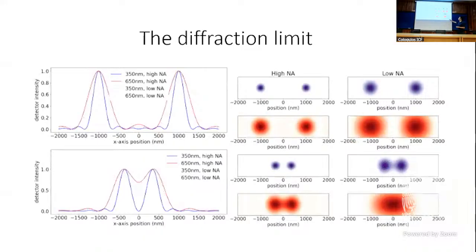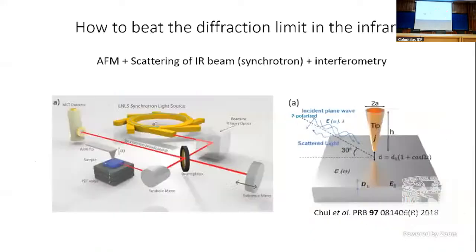If you have two apertures and there is infrared light emerging from them, the details may vary with the size of the aperture and with the wavelength. But eventually these two different structures will show up as one blurred structure. This is a physical limit here. So how can we beat this limit and use some sort of microscopy in the infrared?